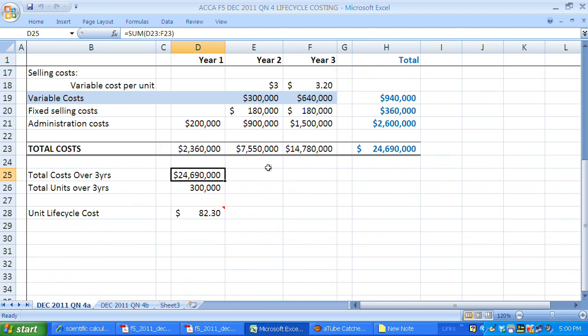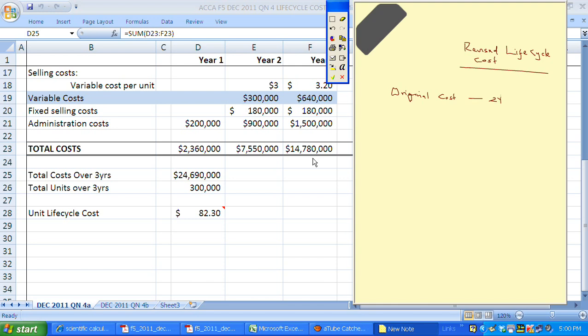The original cost is here, 24,690,000. Then add the new labor cost.